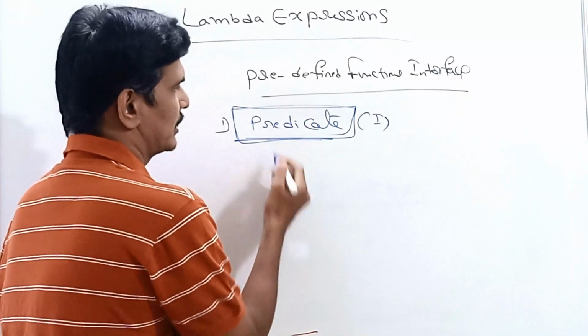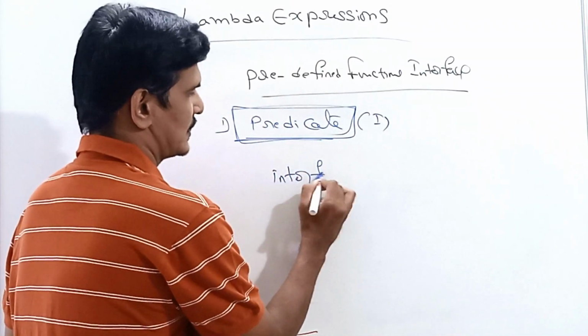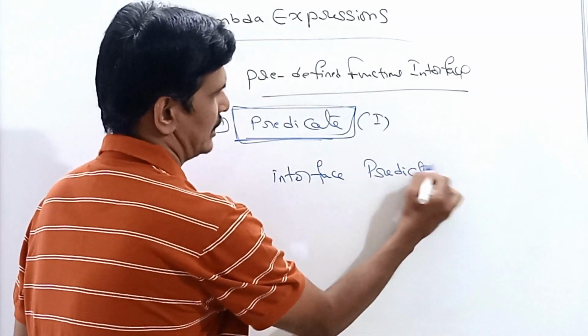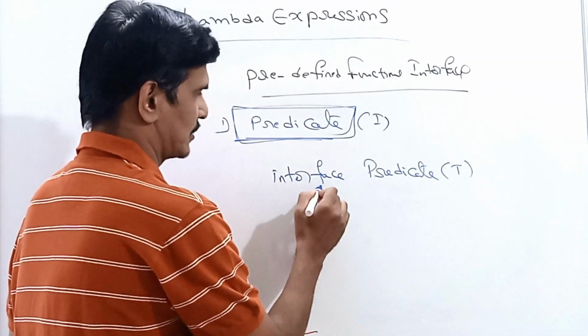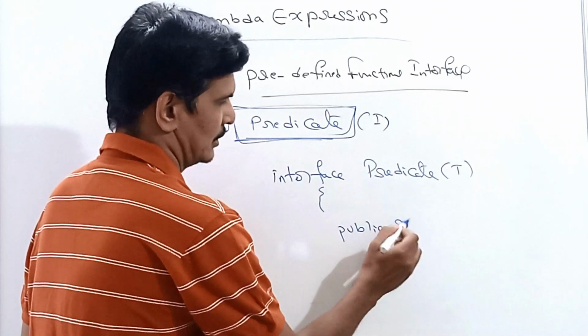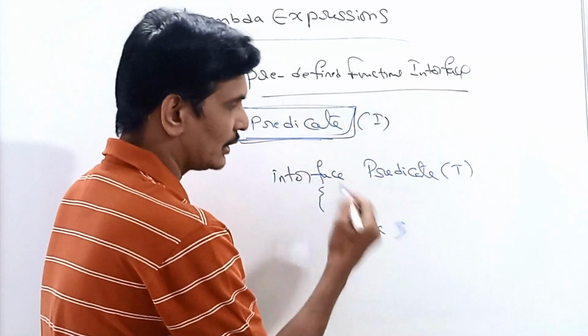Internally, this interface is designed like this. The prototype of this interface is: interface Predicate, which takes some type T as an argument. Inside it, the method is available: public, and this is basically the abstract method of Predicate.